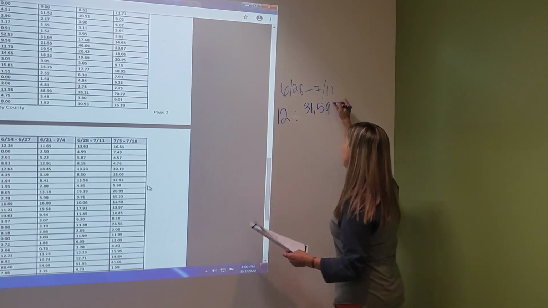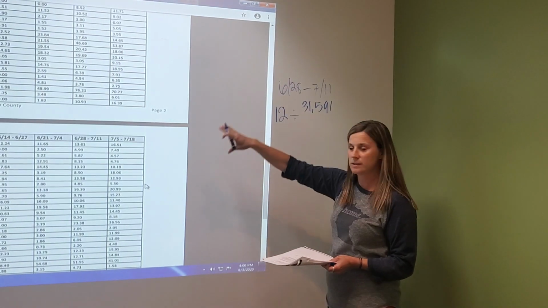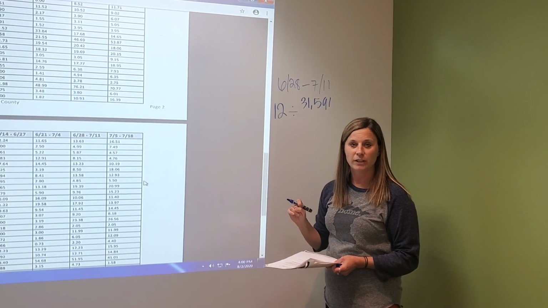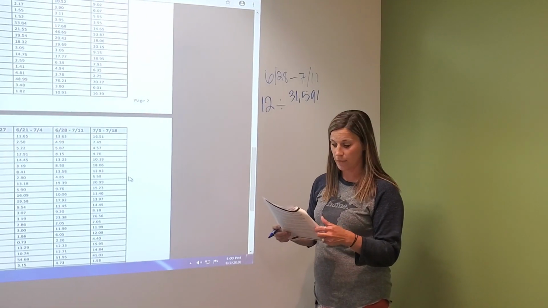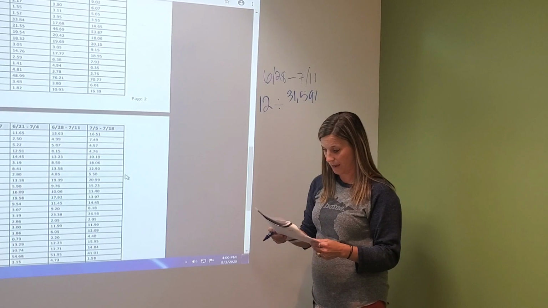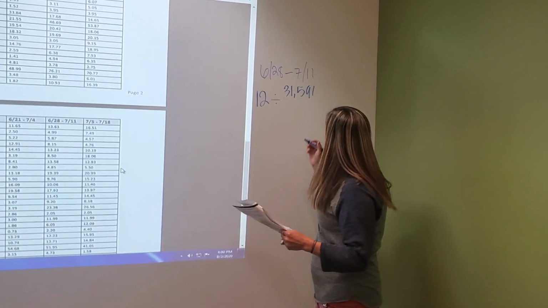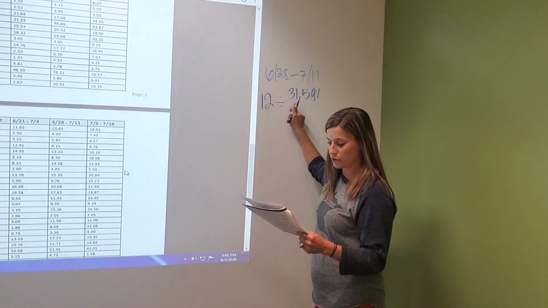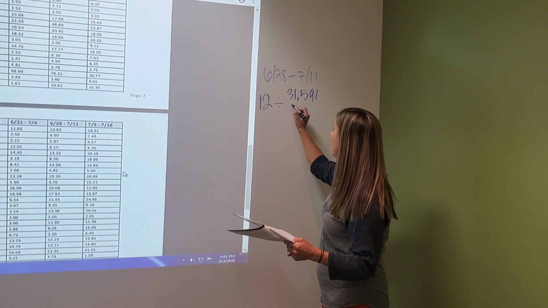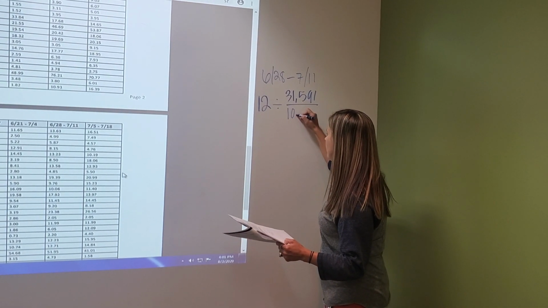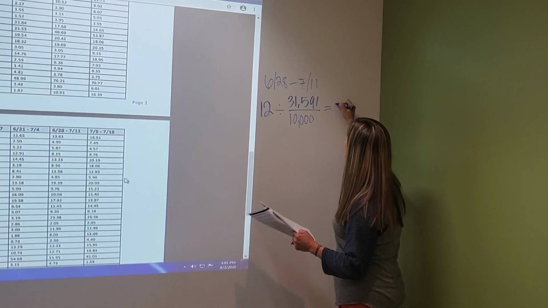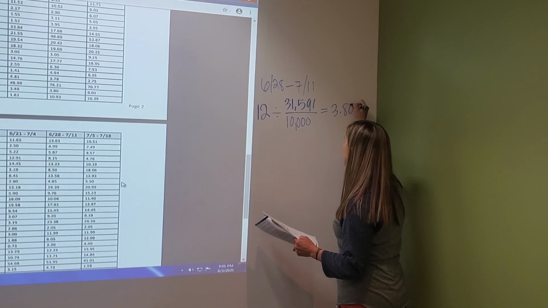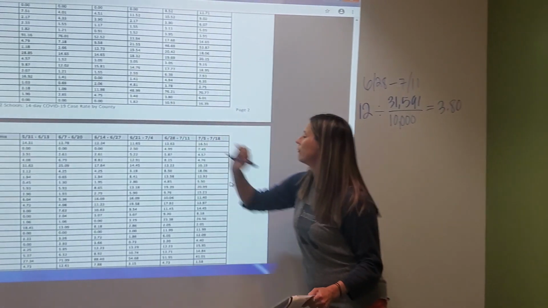The population being used is a 5-year estimate from the U.S. Census for the American Community Survey. The 5-year estimate for Polk County is 31,591. We divide that by 10,000 to get the per 10,000 rate. And so you will see here we get 3.80, matching over here.